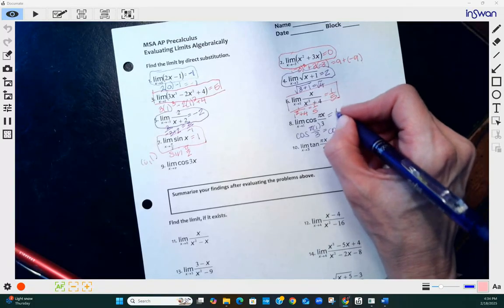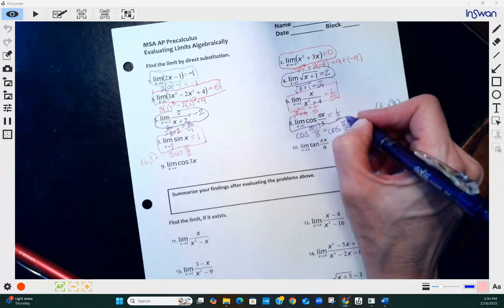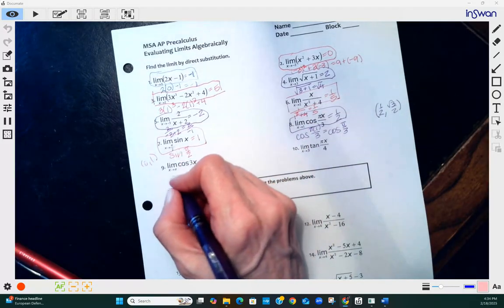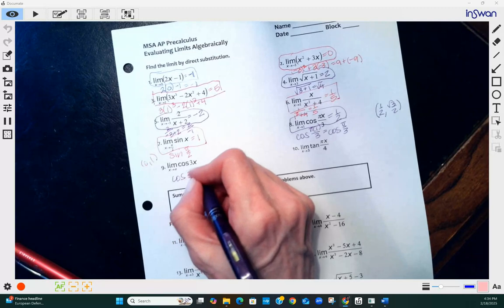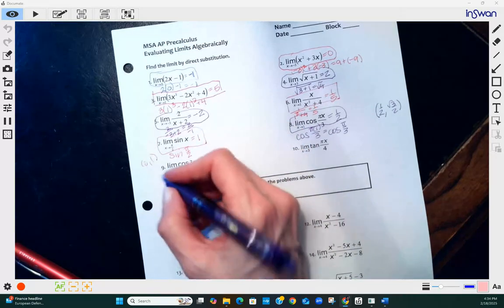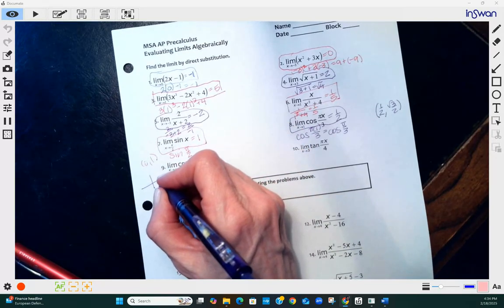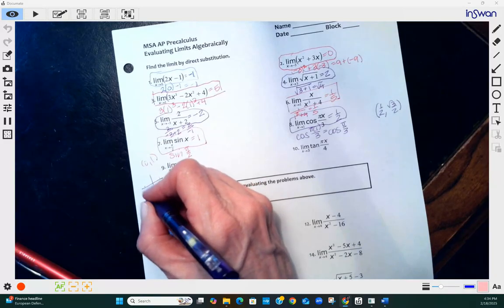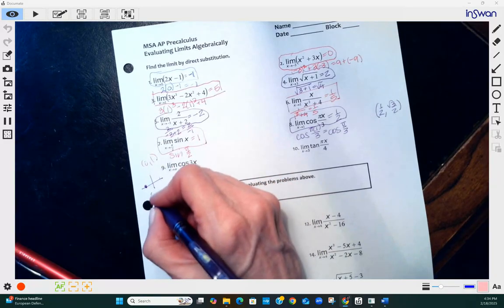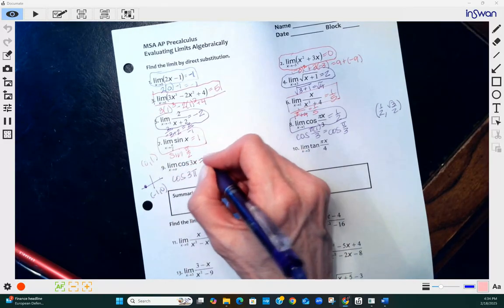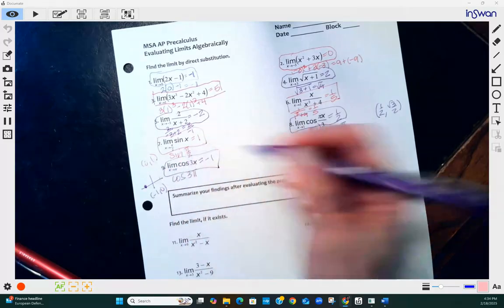Cosine's the x-coordinate, so the limit here is 1/2. Cosine of 3 pi. So on your unit circle, this would be 0 pi, 1 pi, 2 pi, 3 pi. So it would be -1, 0, and my limit is -1.